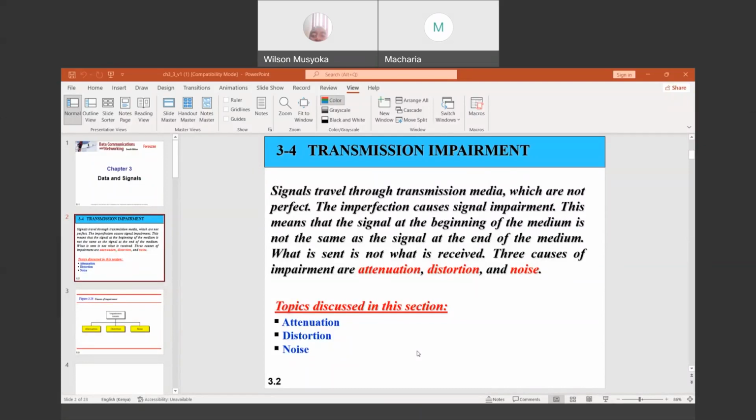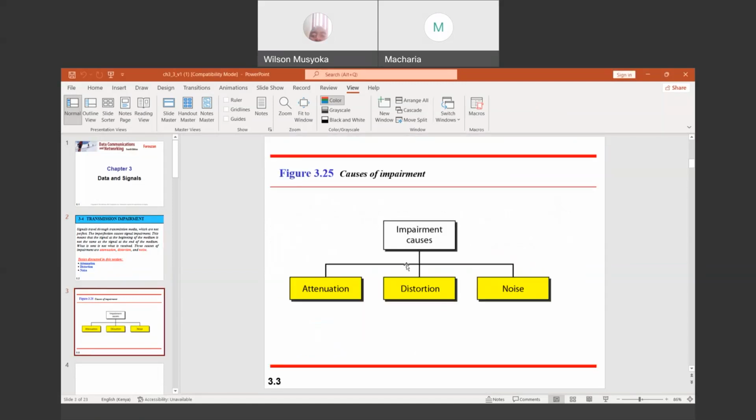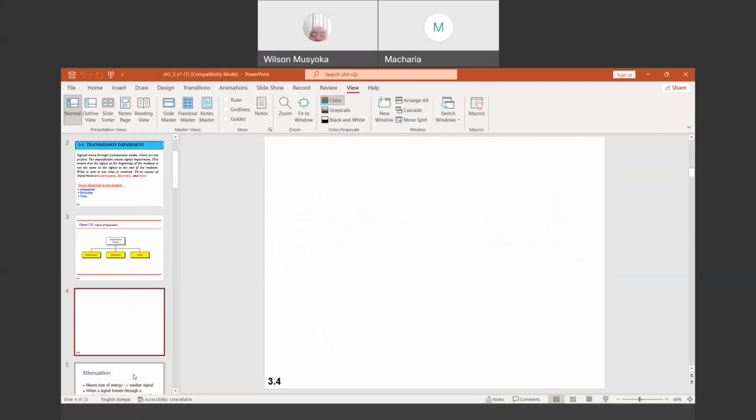When we are talking about changes in bits, you could have sent a bit being a 0, but when it gets to the receiver, it is a 1. That is where change in bits comes in. I hope up to there we are clear. And those are the three types of impairments that we normally have.